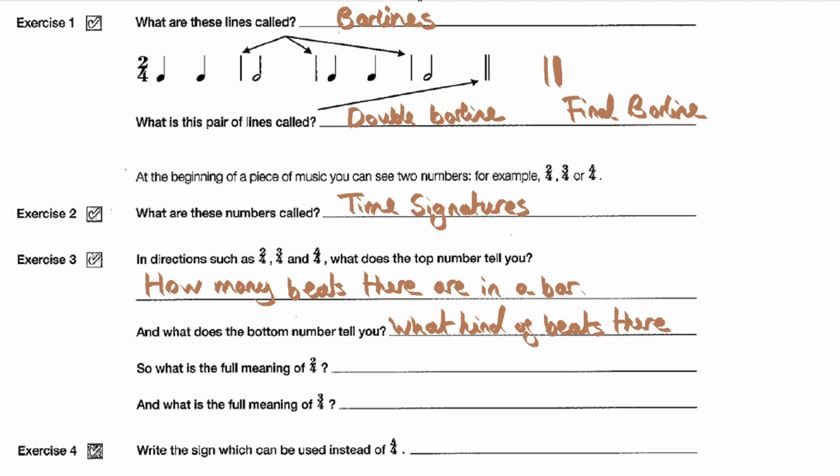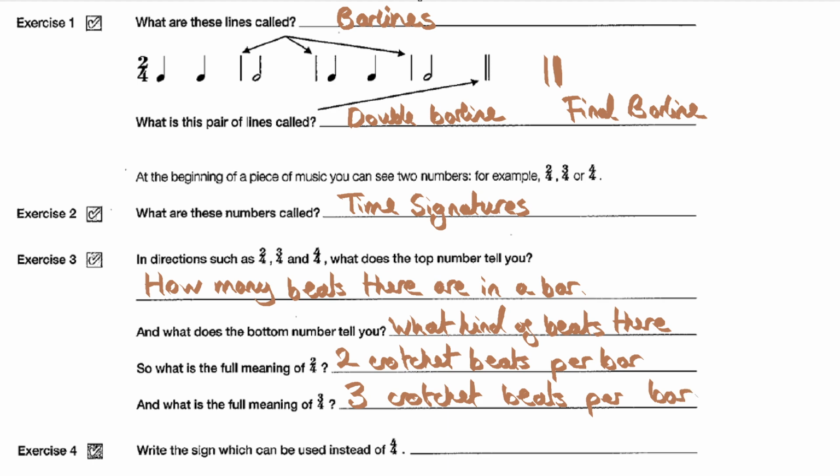So the full meaning of 2/4 is 2 crotchet beats per bar. I should say beats, to be utterly clear. And the full meaning of 3/4 would be 3 crotchet beats per bar.